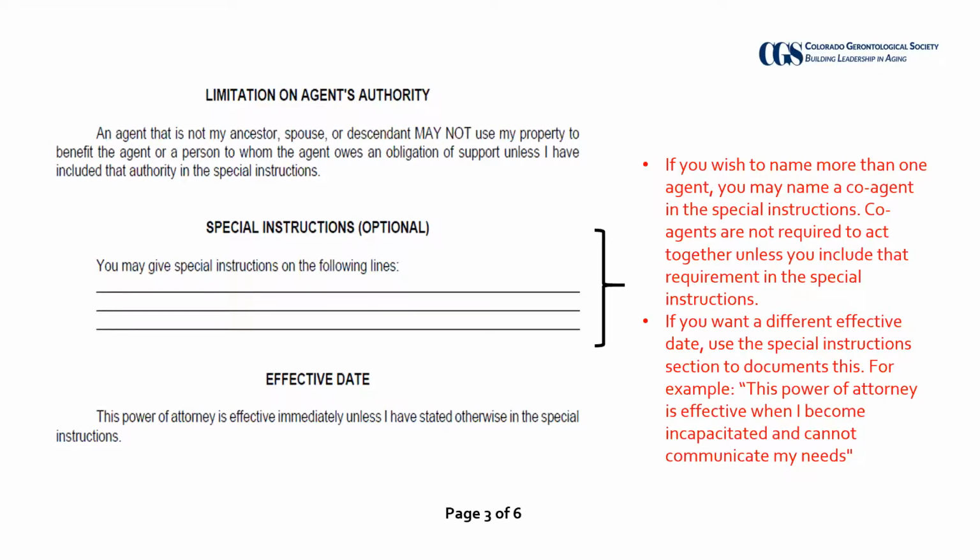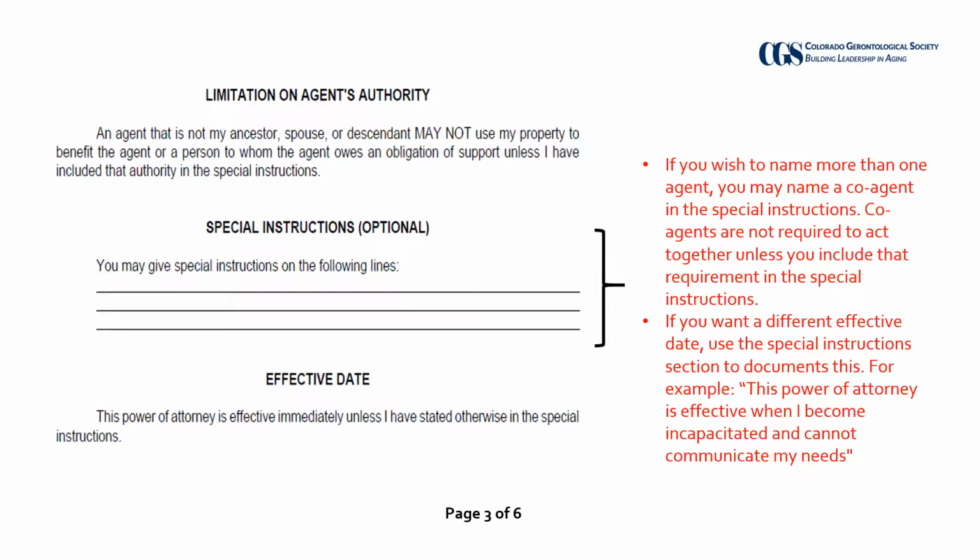So a conservator is only assigned by a court, and it has to be proven why you're requesting to be a conservator. So if you plan ahead of time, and you have a financial power of attorney to help you through different stages of life, then most likely you won't need a conservator.